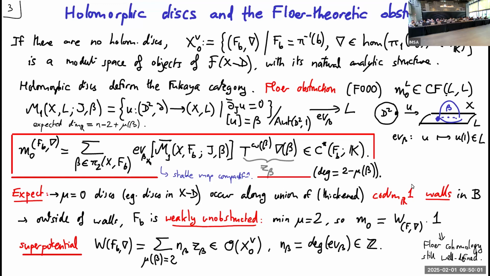N beta is the number of disks in the class beta whose boundary passes through a generic point of my Lagrangian. Okay. The important fact is that in real life, there's usually a countably infinite union of walls. So saying that a generic fiber does not bound disks is a little bit dicey, but we can still manage.